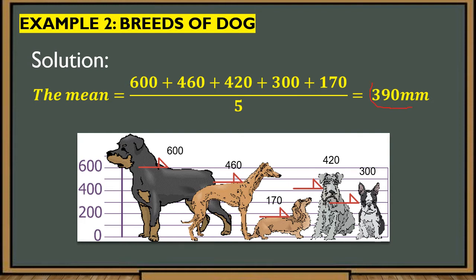This is the average height of the breeds of dog. We can say that a breed of dog has an average height of 390 millimeters. It represents the height of the 5 dogs.